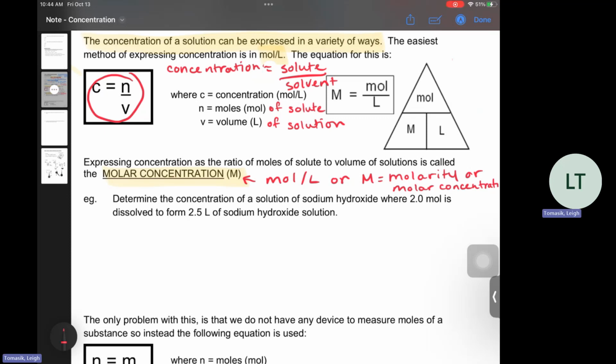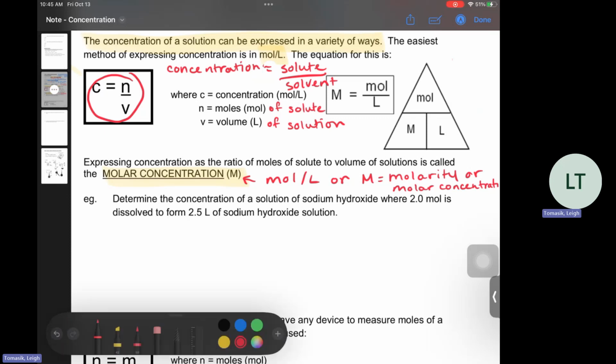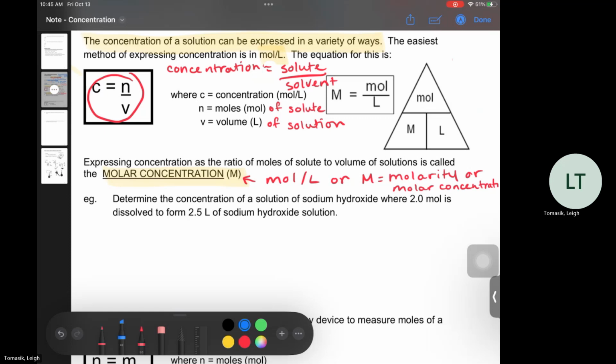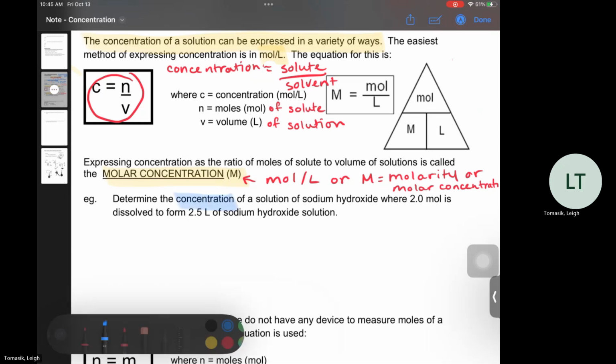So the first practice question says, determine the concentration, right?